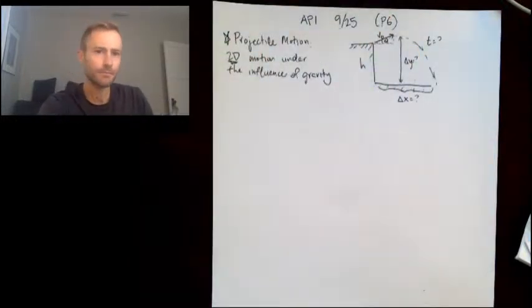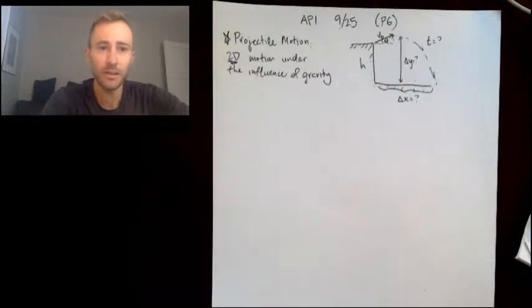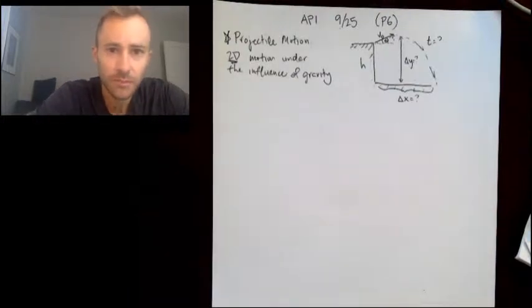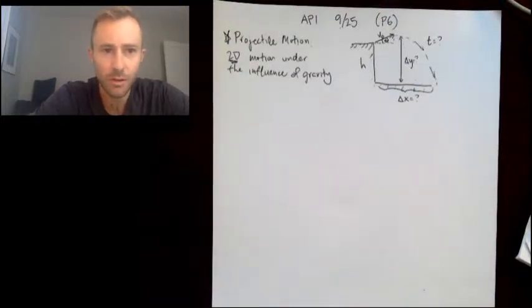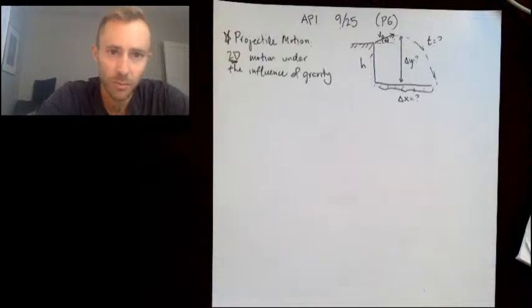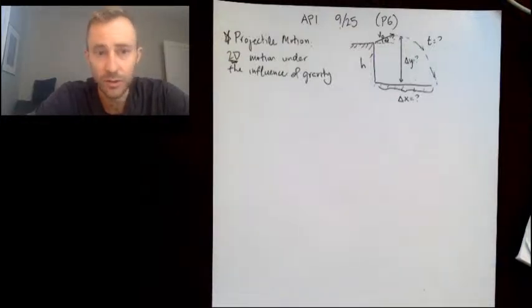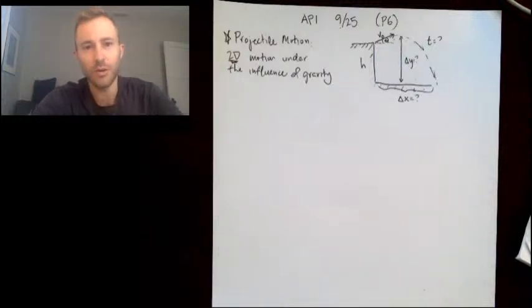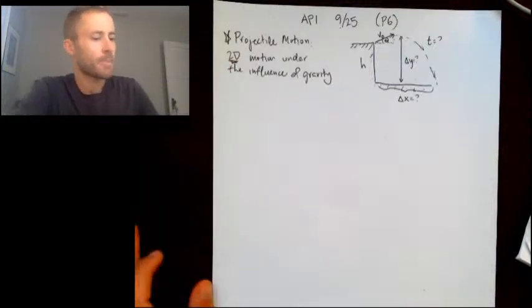We are going to be neglecting air resistance. So the answers that we get are only going to be approximations, sort of ballpark numbers, at least on Earth. If we were to use these equations on the moon, they would be extremely accurate because the moon has no atmosphere.